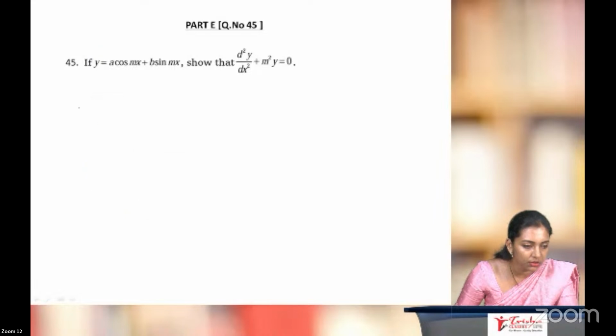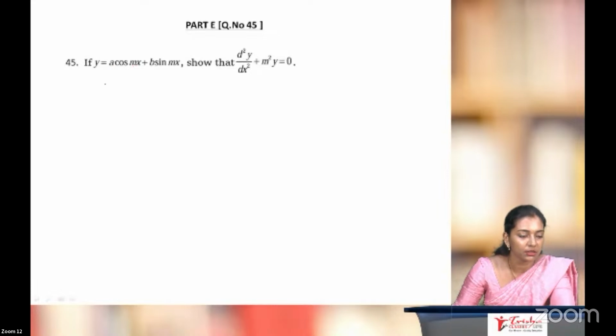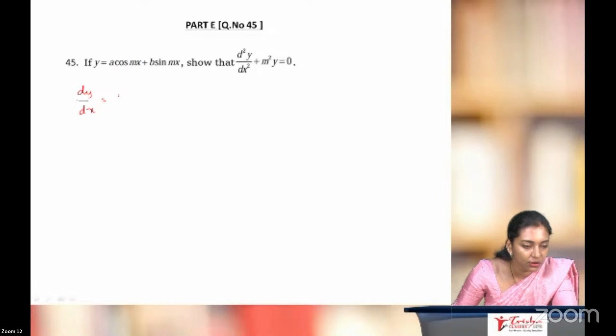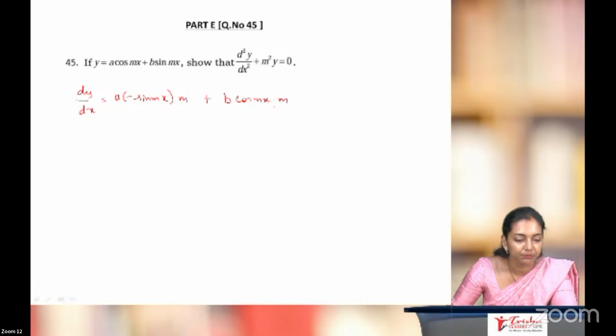Just observe the function, it is mx, okay? y is equal to a cos mx plus b sin mx. So dy by dx equal to, a is a constant, keep it as it is, cos of a function, its derivative is minus sin mx. Now differentiation of mx, that is m, plus b is constant, keep it as it is, sine of a function is cos of the function into derivative of the function. The function is mx, so into m.